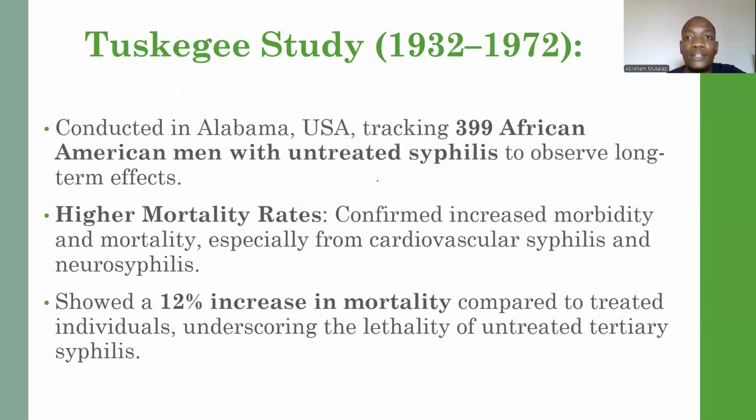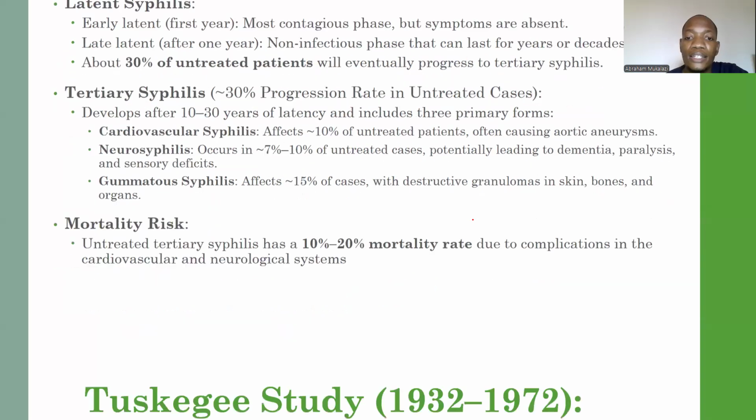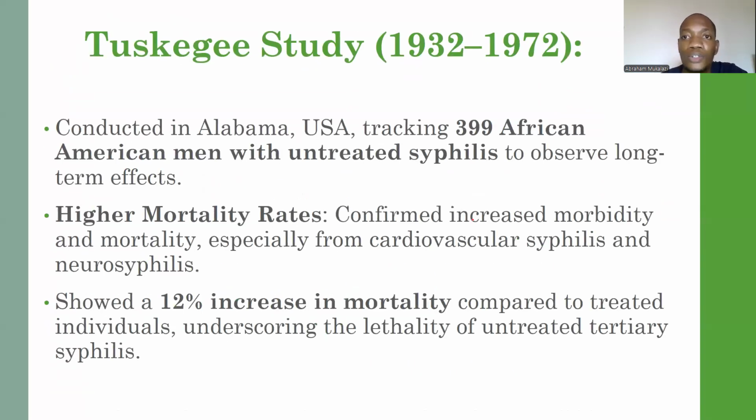So the other study that was described in an attempt to see how syphilis progresses was the Tuskegee study, which was conducted in the United States of America from about 1932 to around 1972. In this case, they were looking at 399 African Americans who had syphilis and were not treated, in an attempt to observe what happened to syphilis.